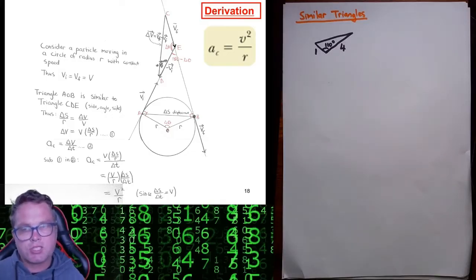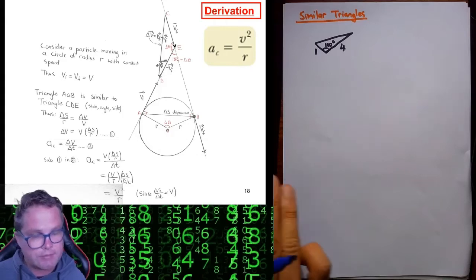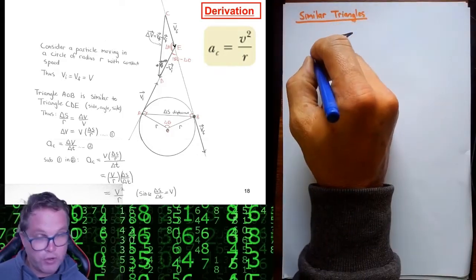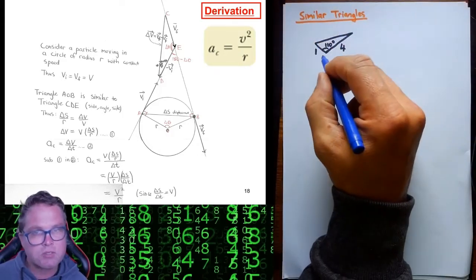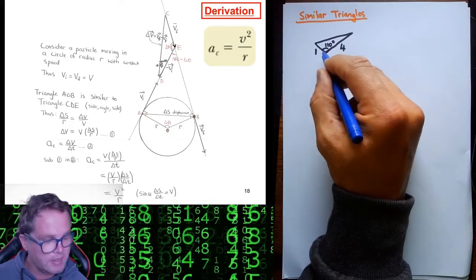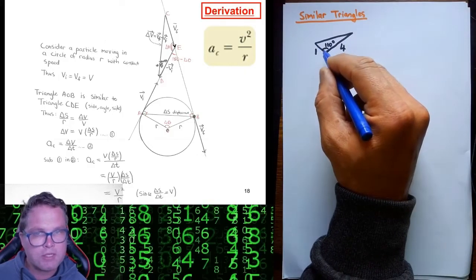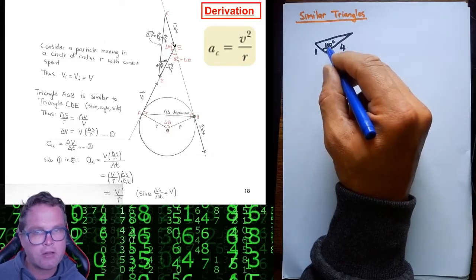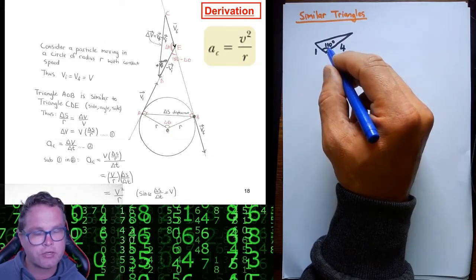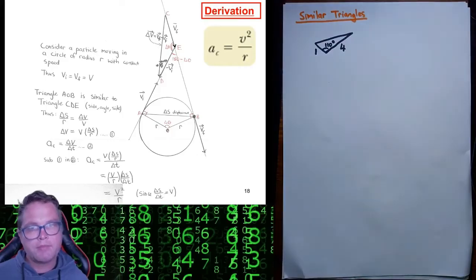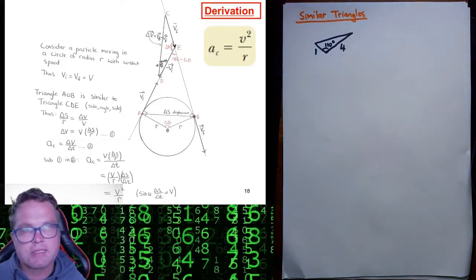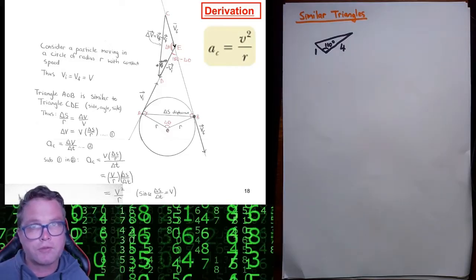Just to explain what that concept is, here we have a little triangle, and one side has length 1. This other side is length 4, and between these two sides we have an angle of 110 degrees. The idea with similar triangles is that if you think of yourself and your mom and your dad, you're in some ways similar to them, right? So you're part of the same family.